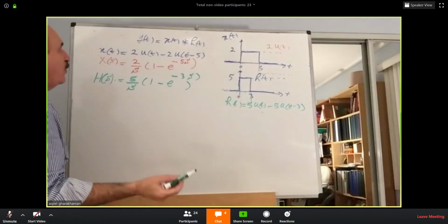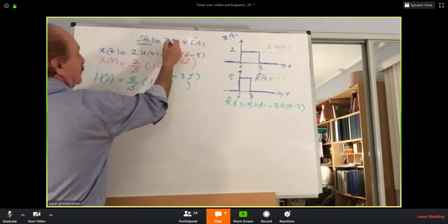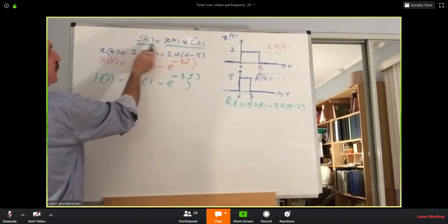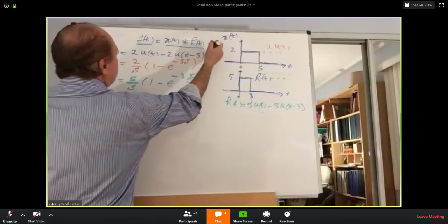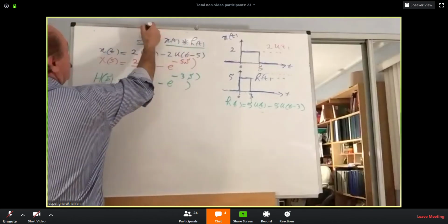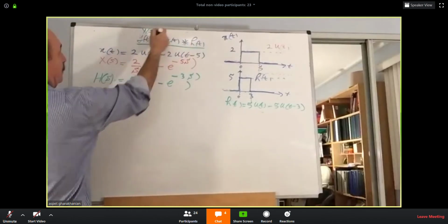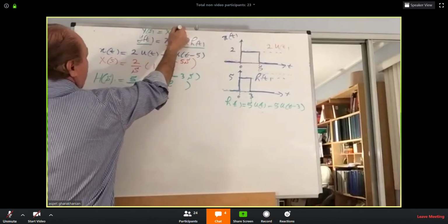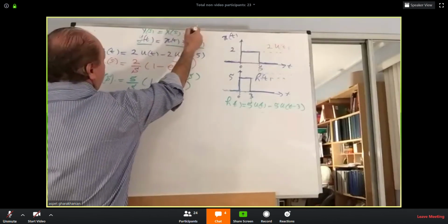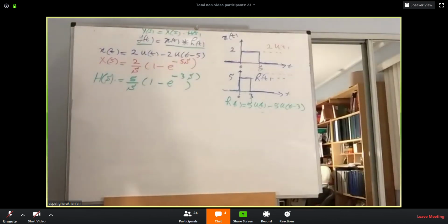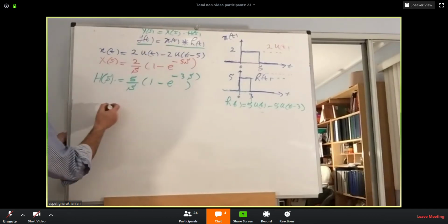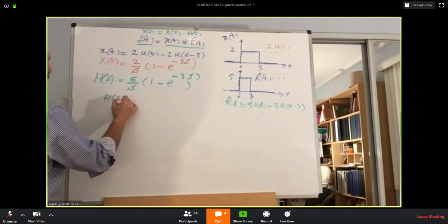Now, remember what I told you about the theory. The Laplace transform of the convolution of x of t and h of t is equal to the product of the Laplace transforms of the two. So you have the Laplace of both, and simply multiply them together, X of s times H of s.